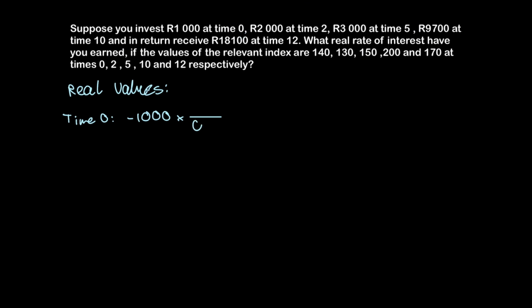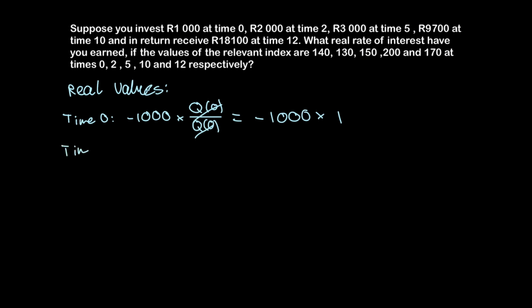Time 0. So Q of 0, and we need to multiply by where it's going. So where is it going? We want to move all these to the same point in time. We can choose that particular point in time, but I'm going to choose time 0. Okay, so we move that to Q of 0, and that becomes minus 1,000 times 1, obviously, because those will cancel out.